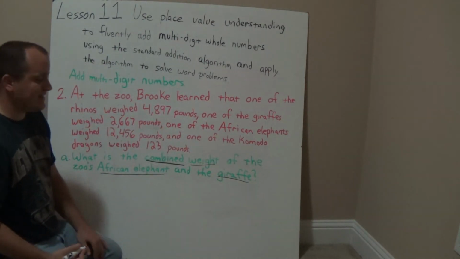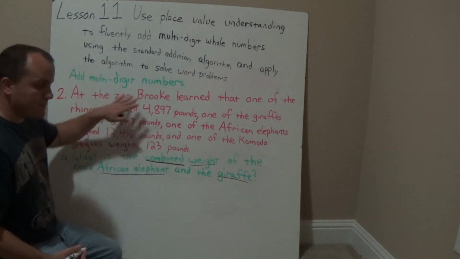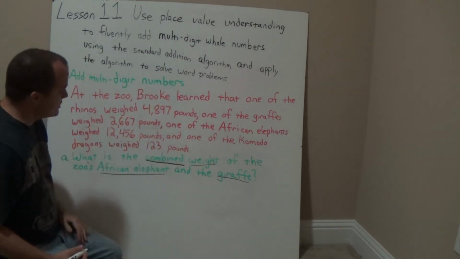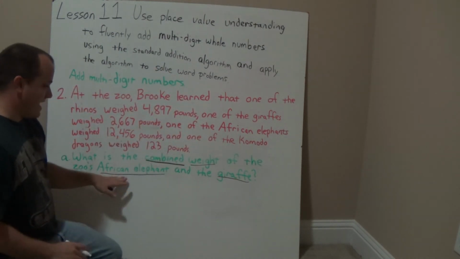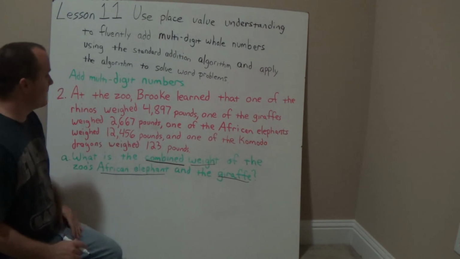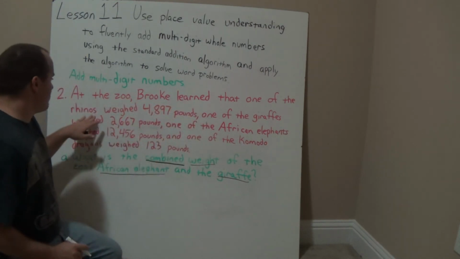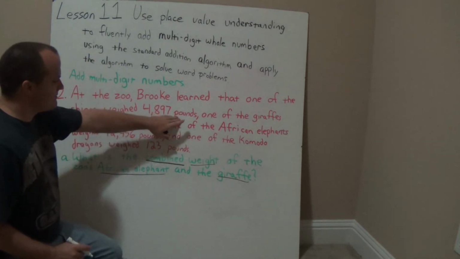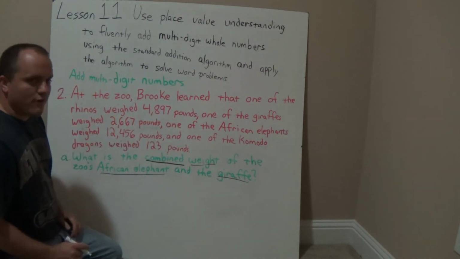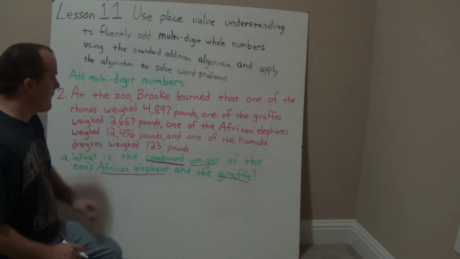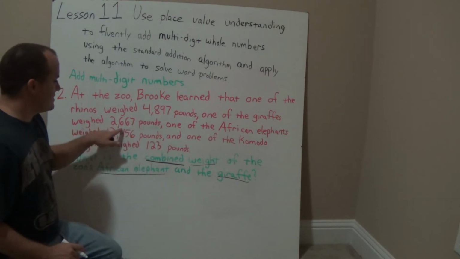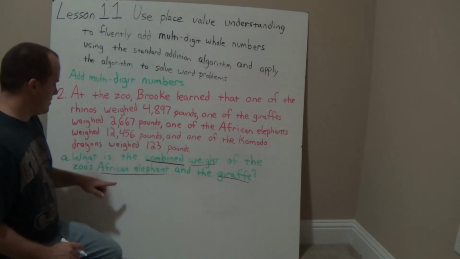So what I need to do with this information is go back up to my information, question number 2, and find the African elephant's weight and the giraffe's weight. I'm going to read all this again. At the zoo, Brooke learned that one of the rhinos weighed 4,897 pounds. I'm not looking for a rhino yet, so I'm going to keep going. One of the giraffes weighed 2,667 pounds.